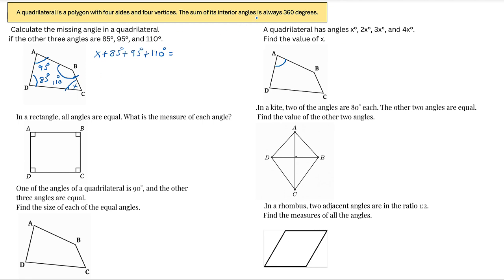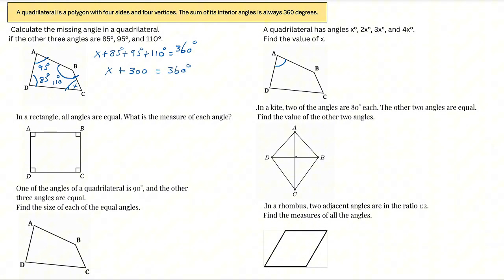Remember, all the interior angles equal 360. Right, get back to basic algebra rules now, guys. Let's add up 85 plus 95 plus 110. Because it will be a calculated question, I should imagine. And it comes to 300. So that's what we've got now, simplified.